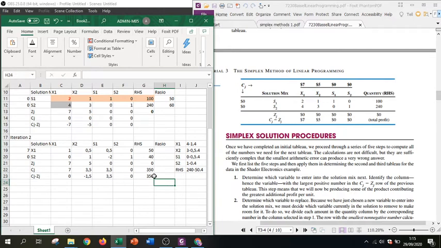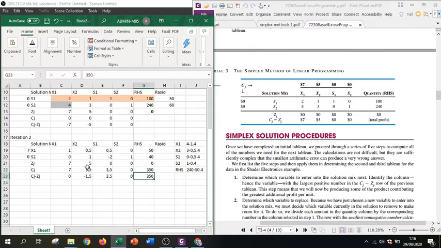Now we have the value of the objective function. This is 340. This is not yet optimal because we still find a negative value in this row, yeah. So we must have a third iteration.